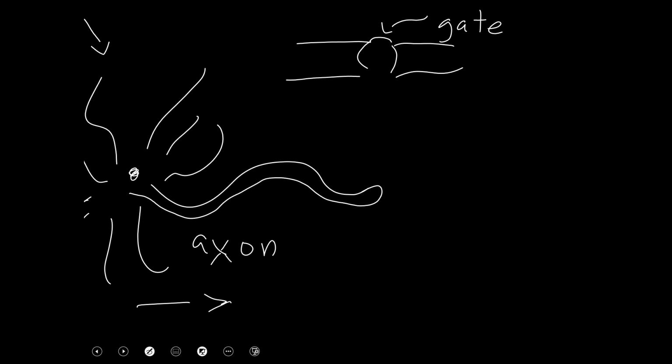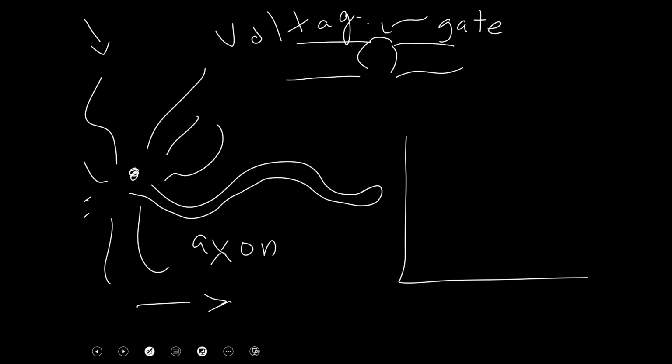That gate, class, in the event that it's a voltage gate, and I'll write the word voltage here. In the event that it's a voltage gate, it will not open, class, unless that appropriate voltage has been reached.